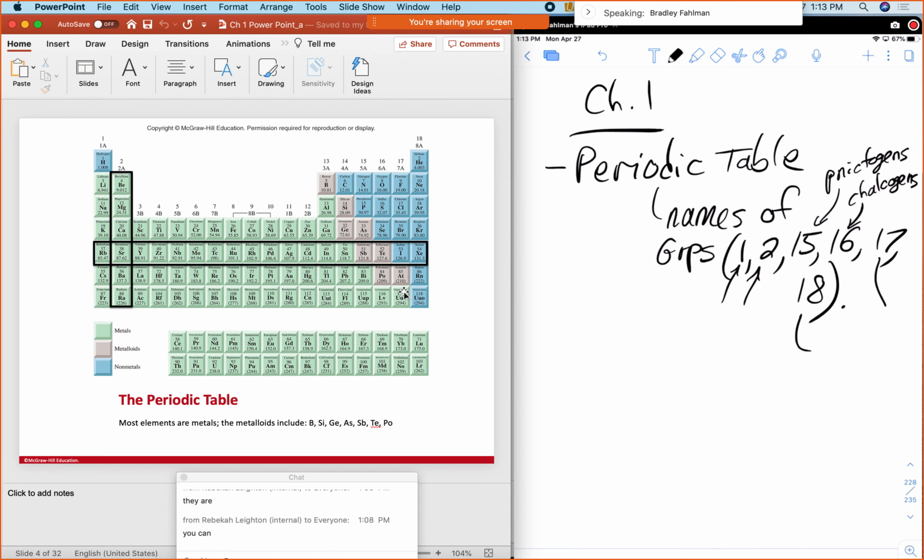I guess the difference between periods versus groups on the periodic table. So, a period is a row, a group, we're talking columns. The metals versus non-metals. So this one's color-coded. The periodic table you'll be using is not. And so remembering which ones are metals.